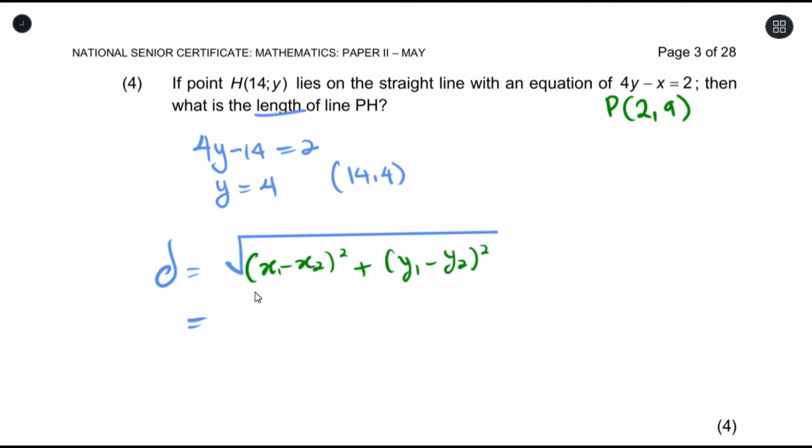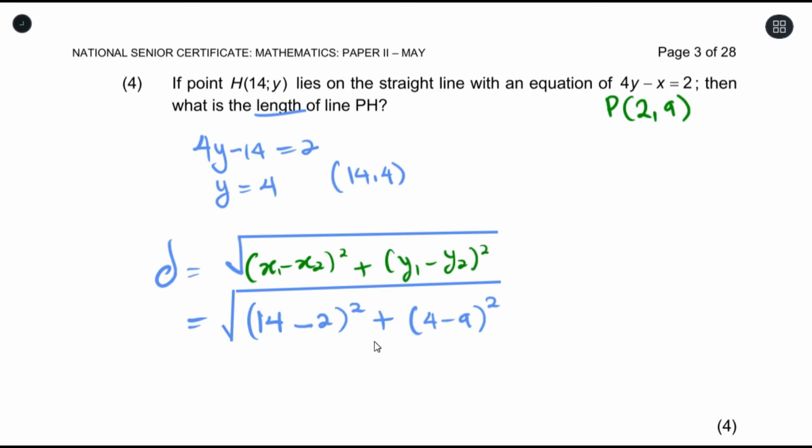So substituting this in, you will have, okay, this is 144 plus 25.